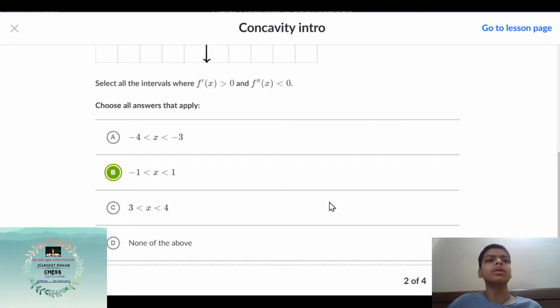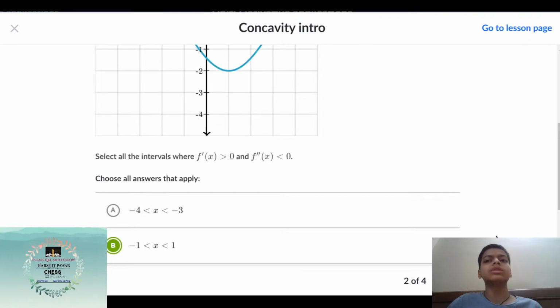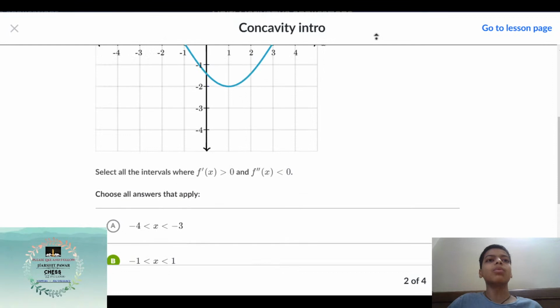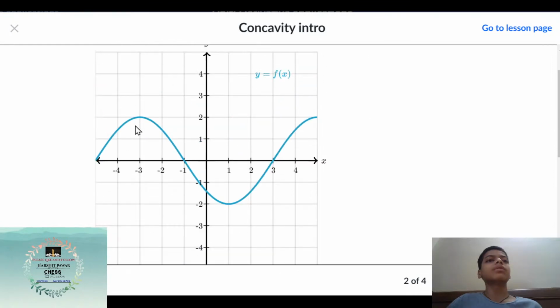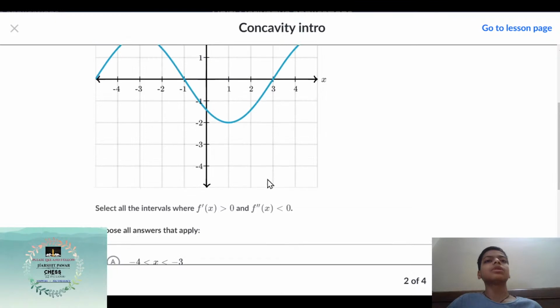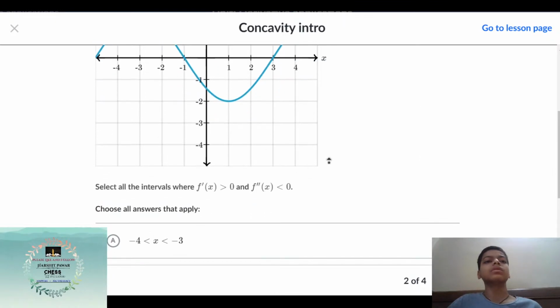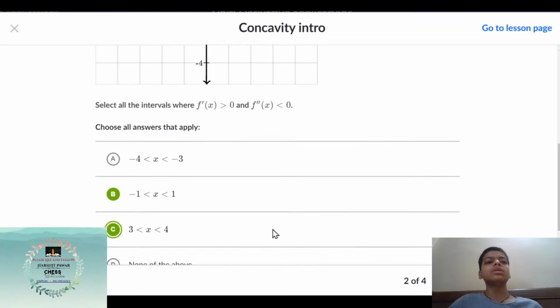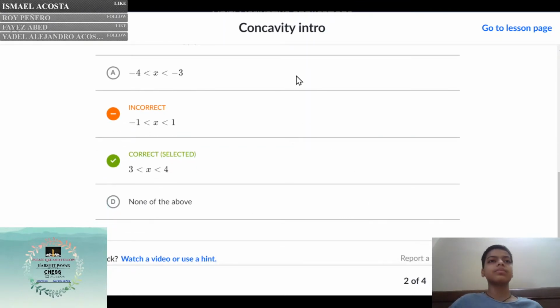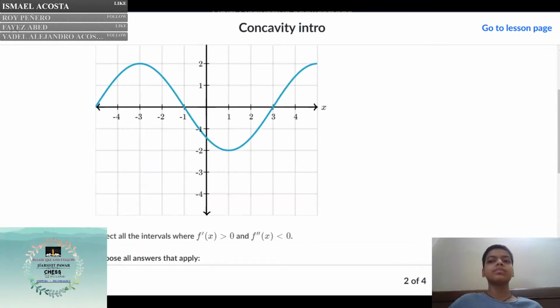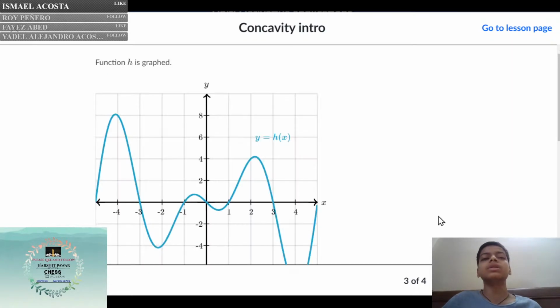Let's check. Okay, we have to select one more. From -4 to -3 we are decreasing. From 3 to 4 we are increasing. Okay, we just have to decrease.